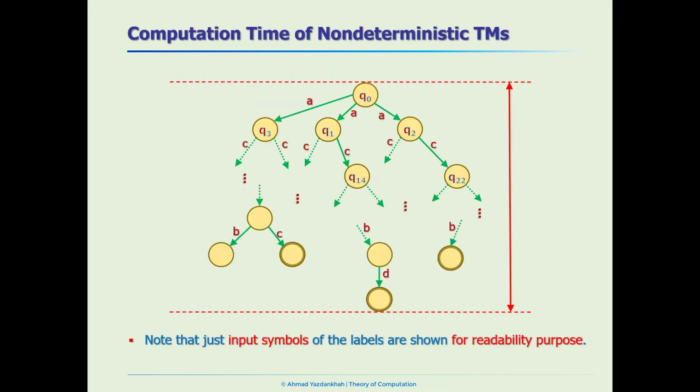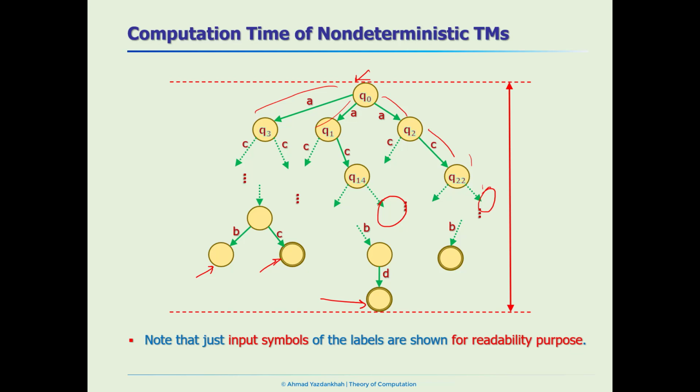So look at this. The machine starts from Q0, and all of these are the processes, right? Some of them, let's say, stop here, some stop here, and some go up to here, and this is one that finishes here. And just imagine that all of them are working concurrently.